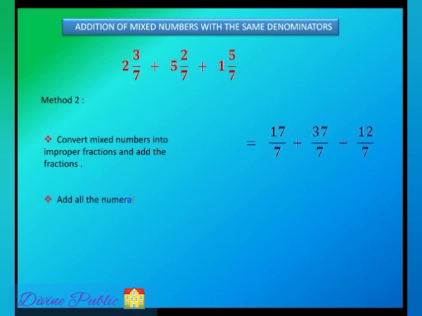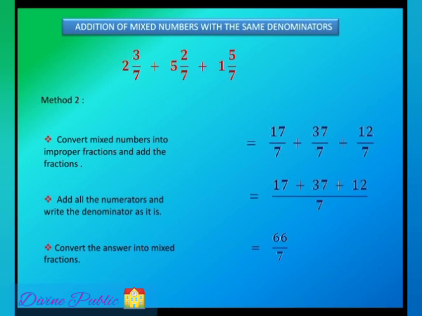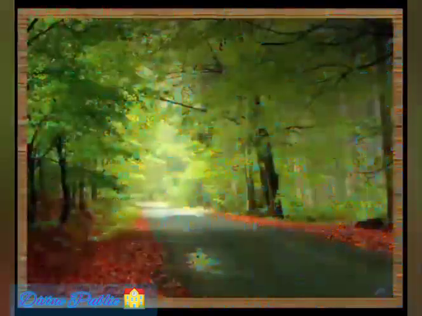We will add all the numerators and write the denominator as it is. So 17 plus 37 plus 12 upon 7. When we add the numerators, that will be equal to 67 upon 7. Now convert the answer into a mixed fraction. So that will be 9 whole 3 upon 7.